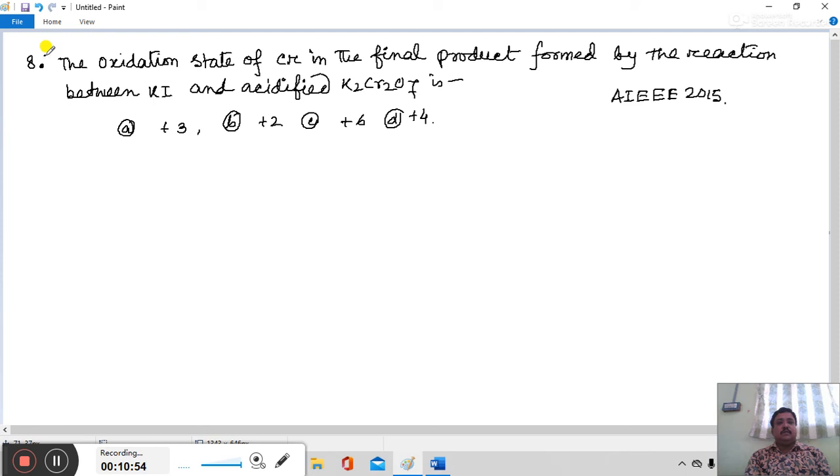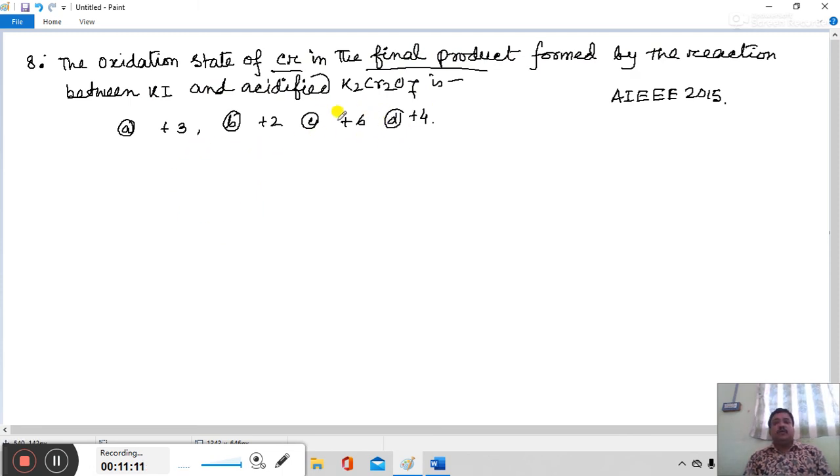The next problem is, the oxidation state of chromium in the final product formed by the reaction between KI and acidified K2Cr2O7 solution is +3, +2, +6 or +4.